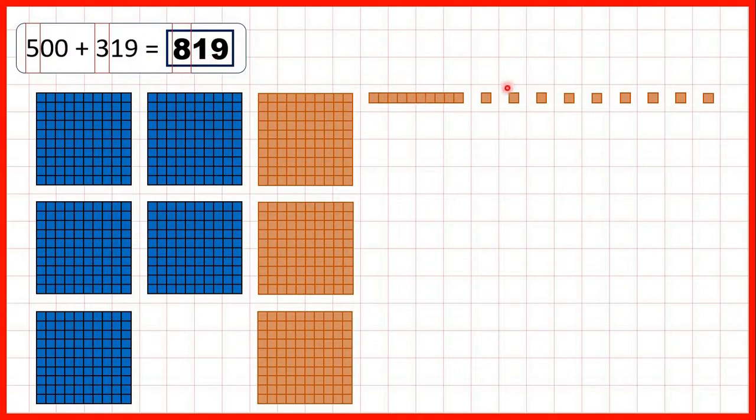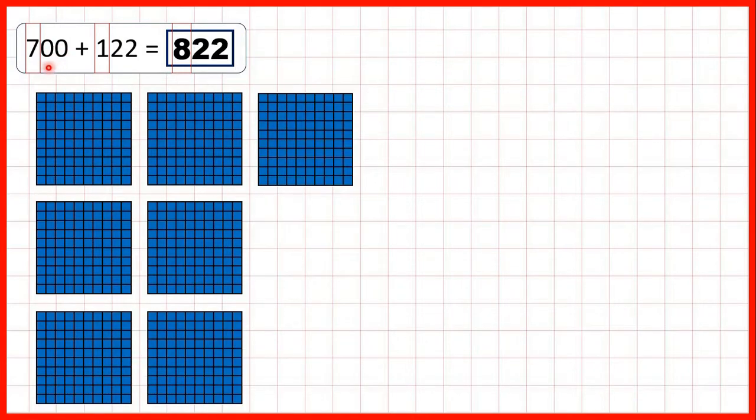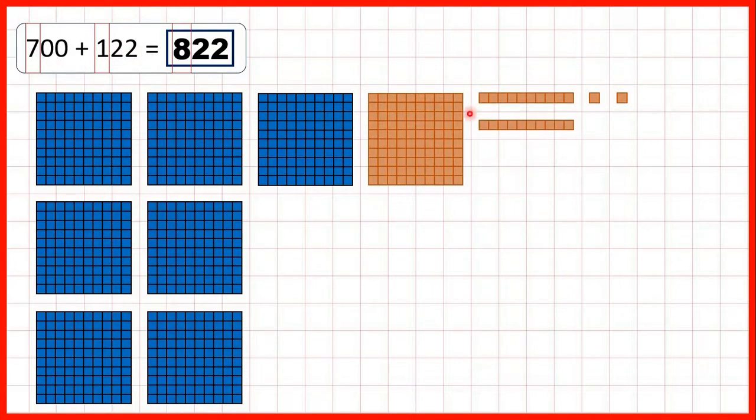So 1 ten and 9 ones because we didn't start with any tens or ones. Then we had 700 plus 122, so that's adding 1 hundred, 2 tens, and 2 ones. Again, you can see that we have 8 hundreds altogether, and we still have the 2 tens and 2 ones that we added in our answer because we didn't start with any tens or ones.